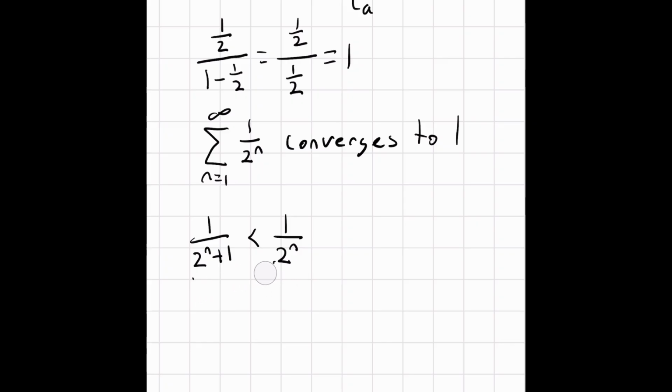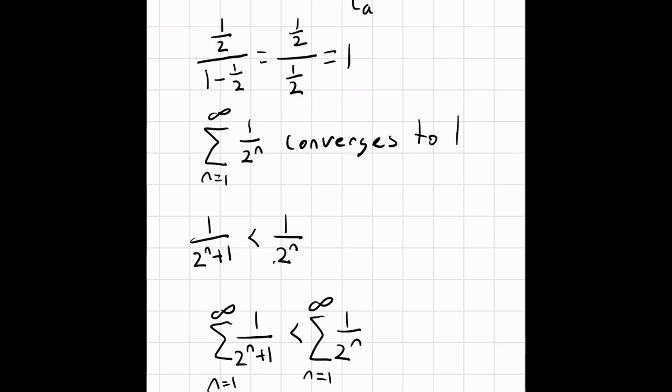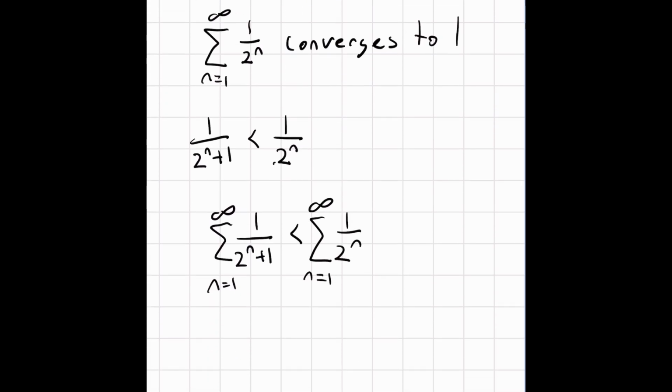So 1 over 2 to the n plus 1 is smaller than 1 over 2 to the n, which means that adding up all those terms together will still be smaller than adding up all of these terms. So the series where we go from 1 to infinity is going to be less than the series where we go from 1 to infinity because each nth term is smaller.